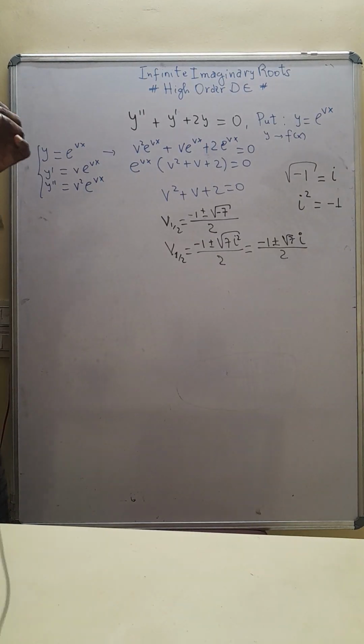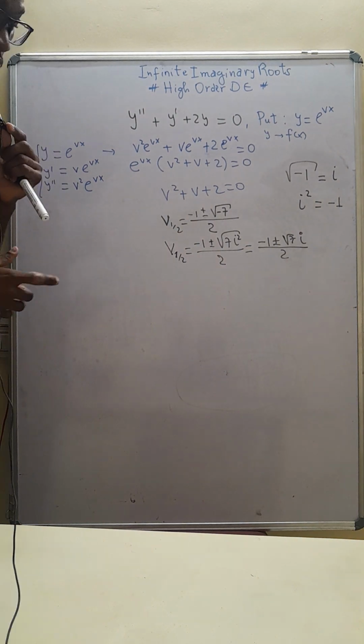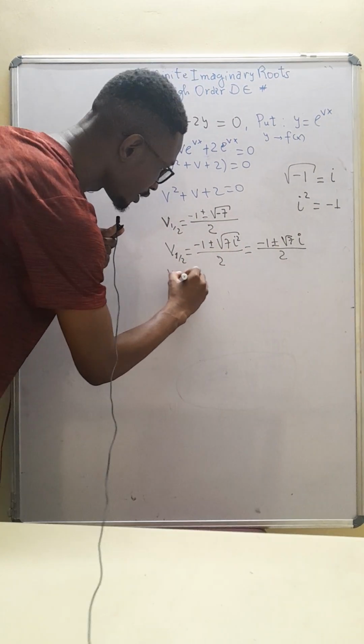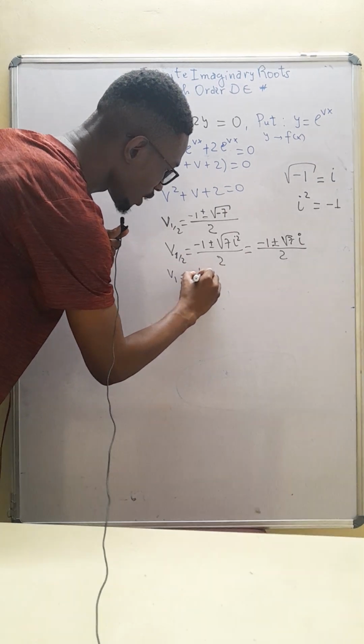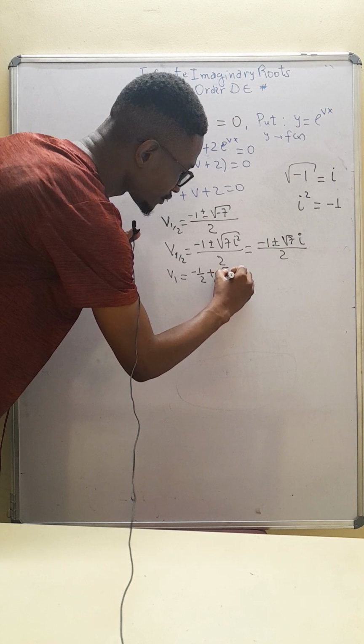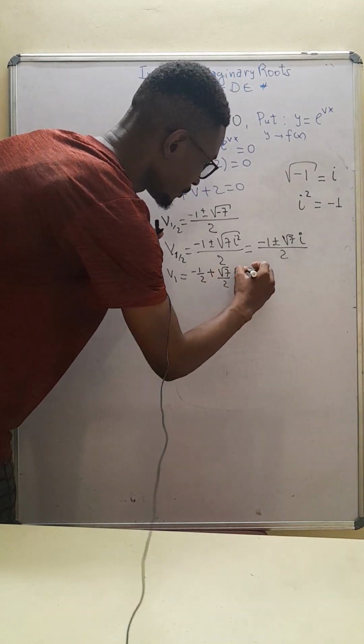Now, in this expression we have two solutions. So the solution is x1 equal to minus 1 by 2 plus root 7 by 2 times i.